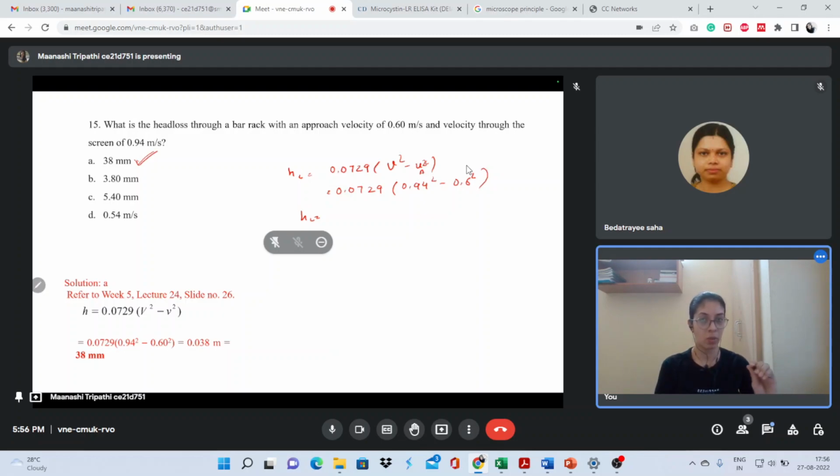This is how we find out the head loss. What does head loss mean? If this is bar screen, the water is flowing through it like this, and this is the horizontal line. Here height is h1, here height is h2.